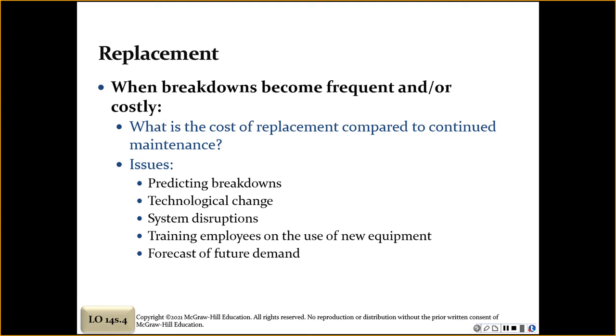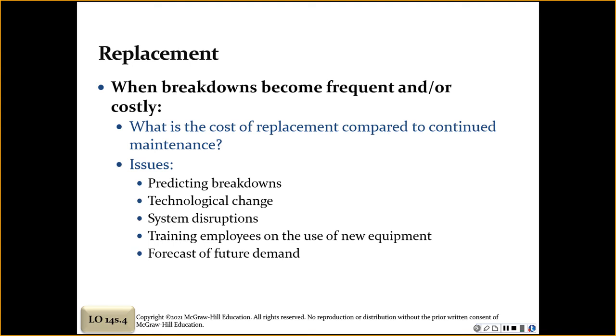Another thing, like I said, is system disruptions that may occur if the equipment is removed. So if you have to completely remove equipment and you don't have backup equipment, you're going to be disrupting the functionality of the system as a whole. So while that equipment's being repaired, you're not producing anything if you don't have any backup.